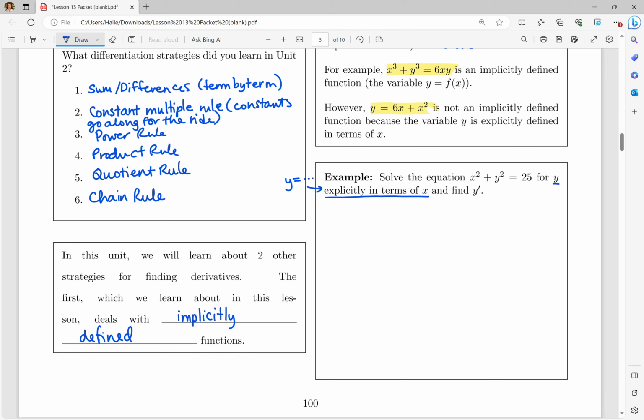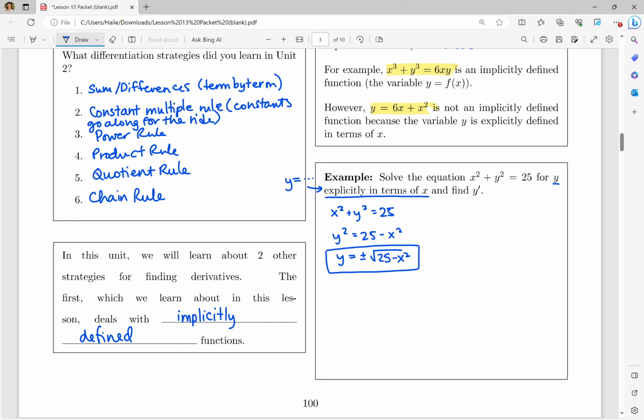If we start with x squared plus y squared equals 25 and solve for y, we move the x squared over, so we'd have 25 minus x squared, and y is equal to plus or minus the square root of 25 minus x squared. So we've solved for y. That's y explicitly in terms of x.